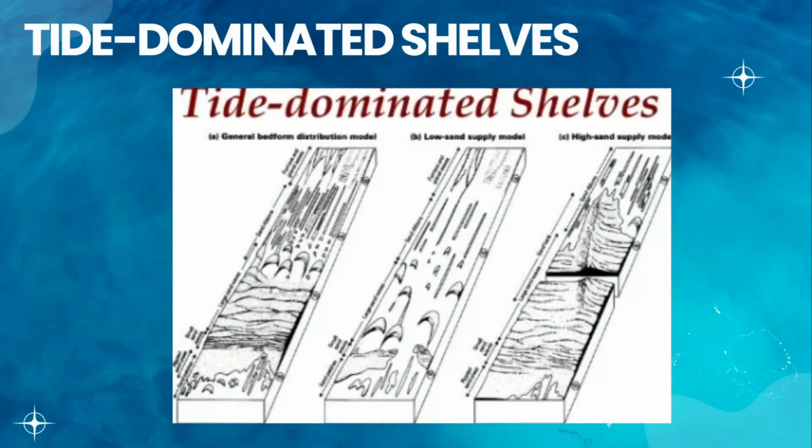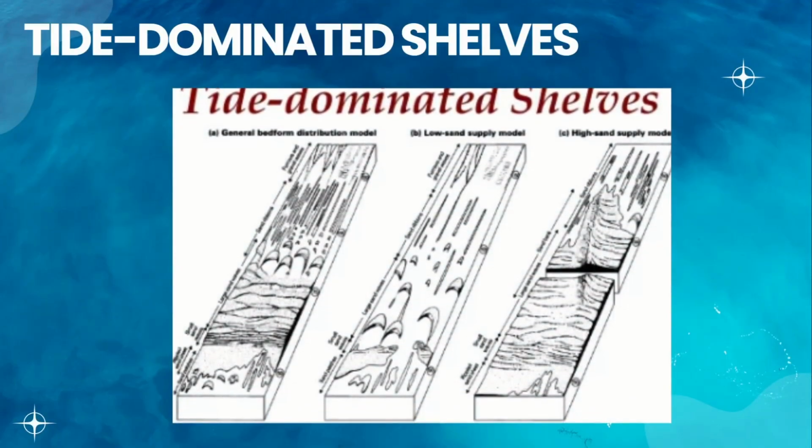So as you can see on the next slide, on shallow shelves, in areas with high tidal ranges, submerged tidal currents can transport sand to create a variety of bedforms, depending upon tidal strength and sediment supply.